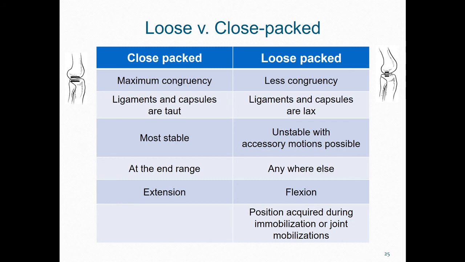In a close packed position, there is maximal joint congruency. That is, the articular surfaces will fit together best in this particular position. In a close packed position, joint ligaments and the joint capsules are going to be most taut, and the joint is going to be at its most stable, with only minimal accessory motions being possible.